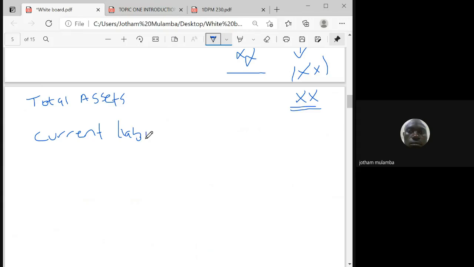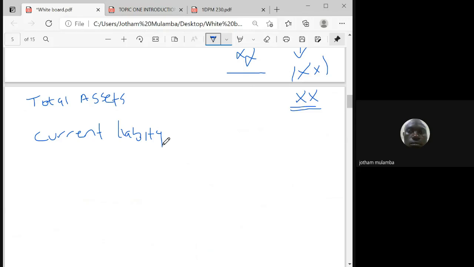Who can mention some of the current liabilities? Any current liability you know of? Yes, Esau? Loans.